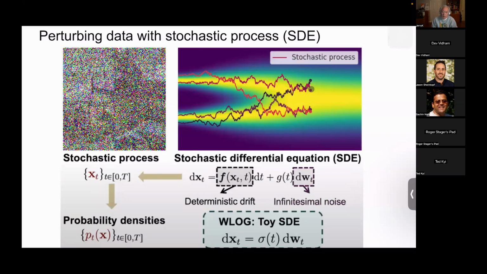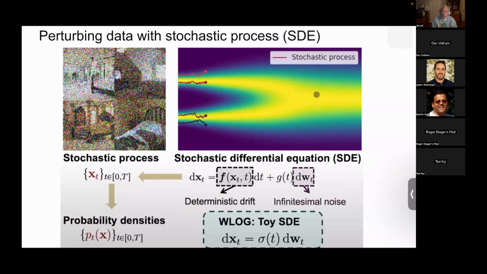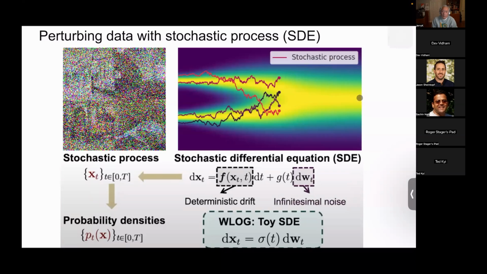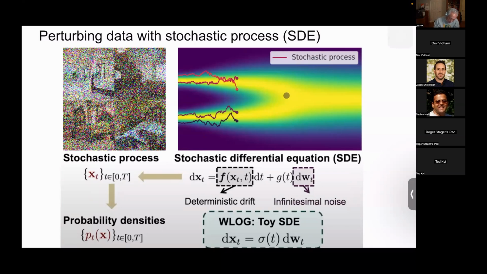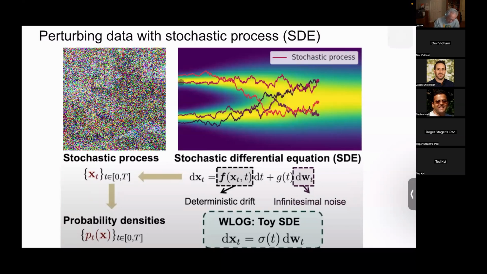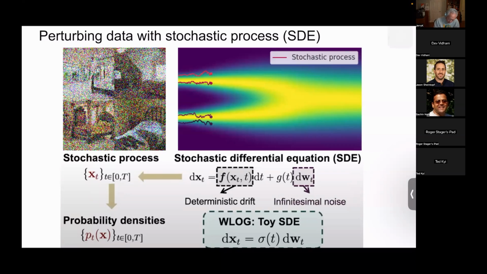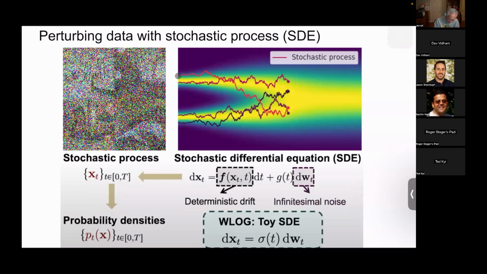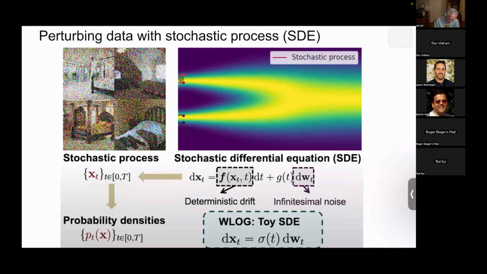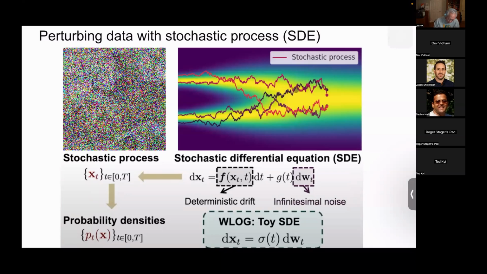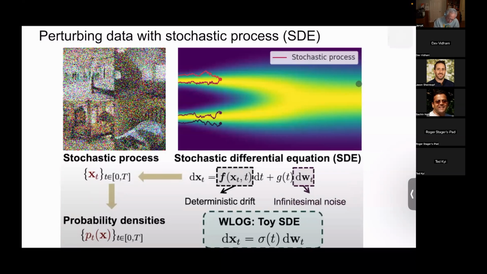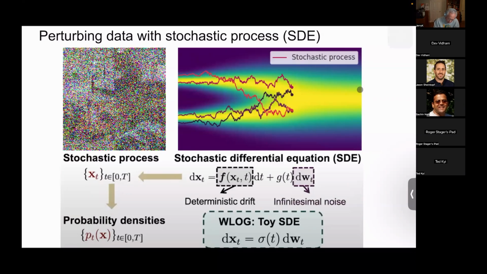At the end of the perturbation, you get basically a Gaussian distribution. As you can see, for these 4 different samples, the original points were picked up, and with the continuous noise injection, they land in some distribution around here.